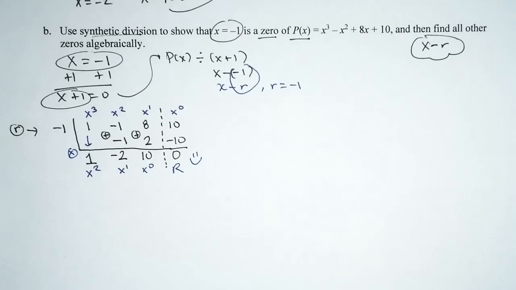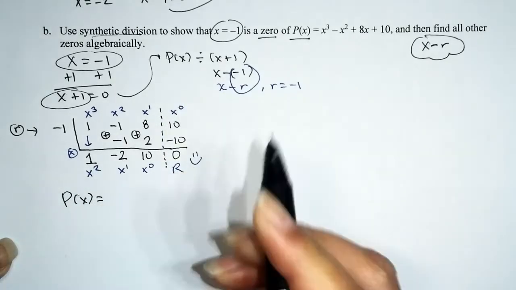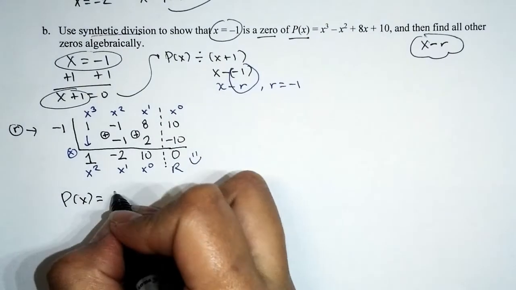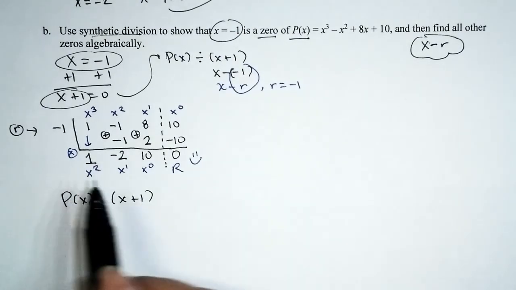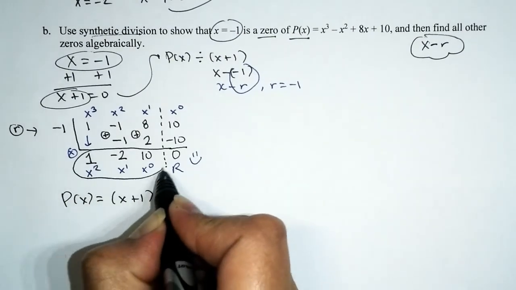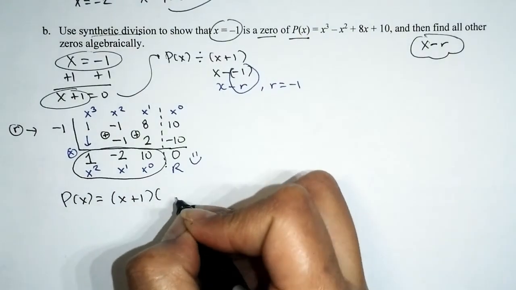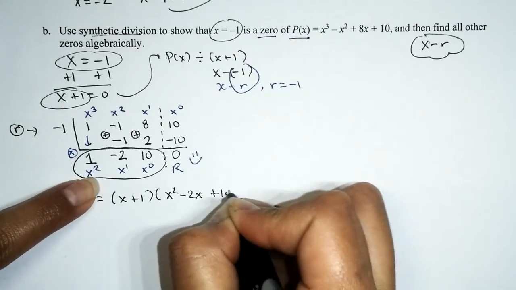Let's begin to write down the polynomial in factored form. We took the polynomial and divided by x plus 1, and then we're going to multiply it by the quotient, which is 1x squared minus 2x plus 10. So we have x squared minus 2x plus 10.